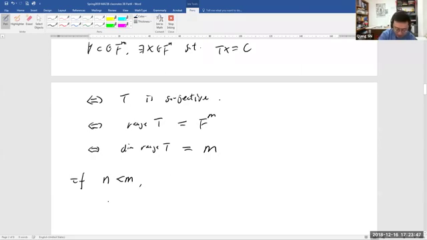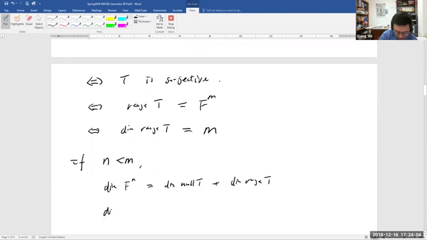Then consider the dimension of V, this is the Fn there, is the dimension of null T plus the dimension of range T. So then this tells us the dimension of range T is equal to the dimension of Fn, which is n, minus the dimension of null T.